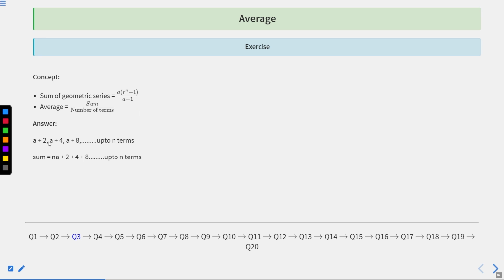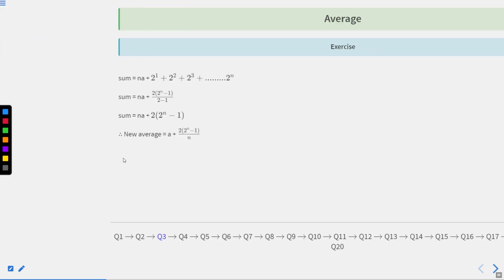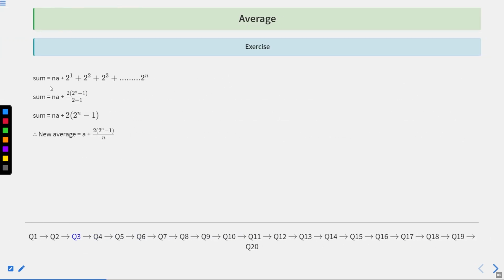Okay, so let us begin with the solution. So we have a plus 2, a plus 4, a plus 8, and so on up to n terms. So the sum is equal to n times a plus 2 plus 4 plus 8 up to n terms. So it can be written as sum equals na plus 2 to the power 1 plus 2 to the power 2 plus 2 cube plus and so on till 2 to the power n.